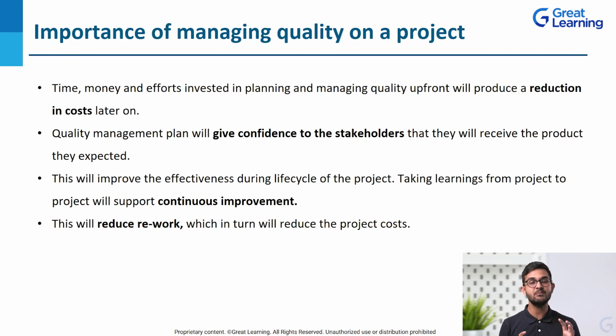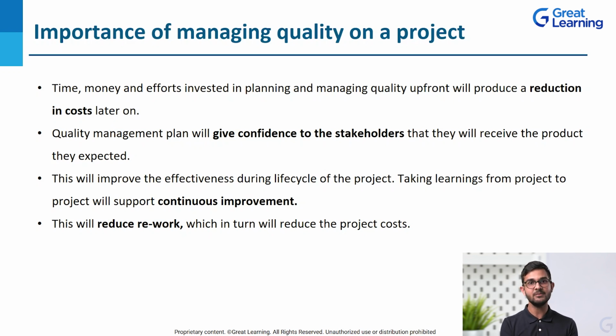Then, a quality management plan will give confidence to the stakeholders that they will receive the product they expected. So whoever is the stakeholder, the people who are going to get affected by that particular project, by that particular process, if we have a proper plan in place, then everyone will be very, very confident that, okay, this is what we are expecting. They have a proper quality plan for that and they are going to meet the specified needs.